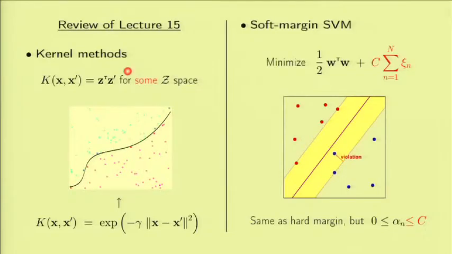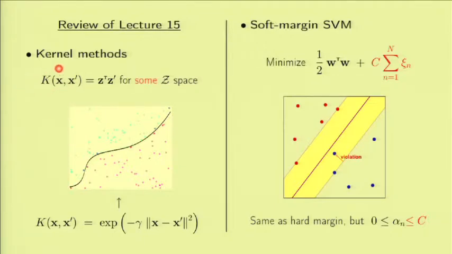Welcome back. Last time we talked about kernel methods, which is a generalization of the basic SVM algorithm to accommodate feature spaces Z, which are possibly infinite, and which we don't have to explicitly know or transform our inputs to in order to be able to carry out the support vector machinery.